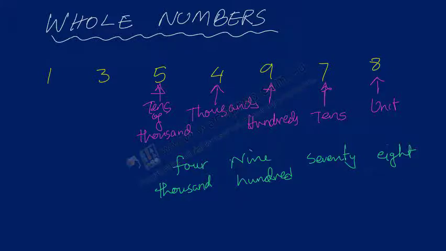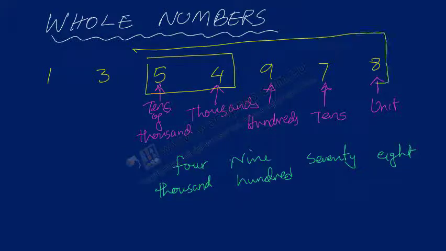Now if you notice, we have 50,000 here within this set. So 50,000 is given by that 5 and another 4,000 by that. So how many tens of thousands we have? We have 50 thousands there.